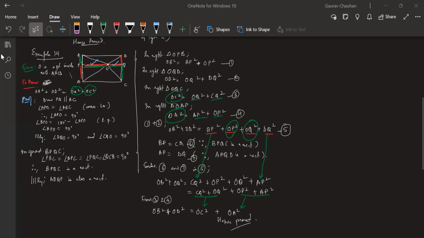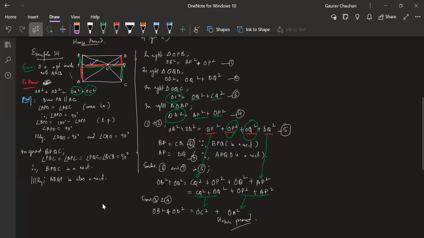Many of the questions in this particular chapter are like this, where you're just manipulating certain squares here and there. You just have to observe some small property like this.